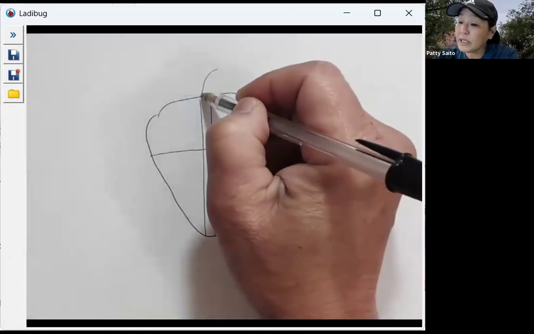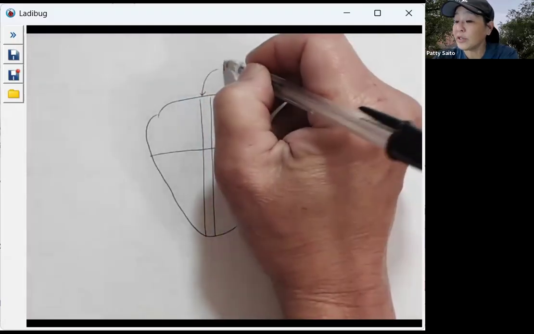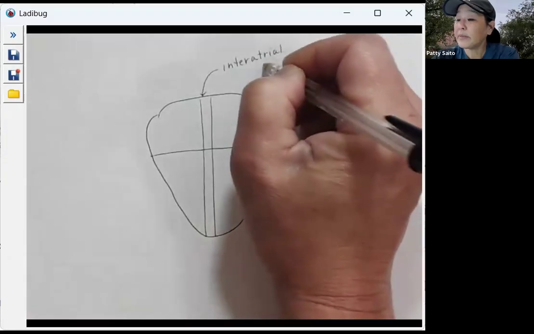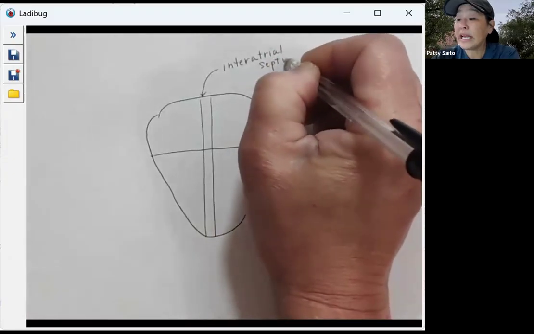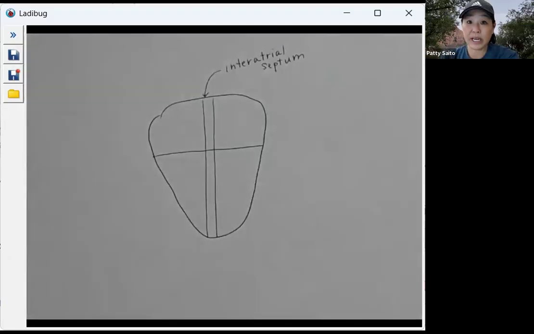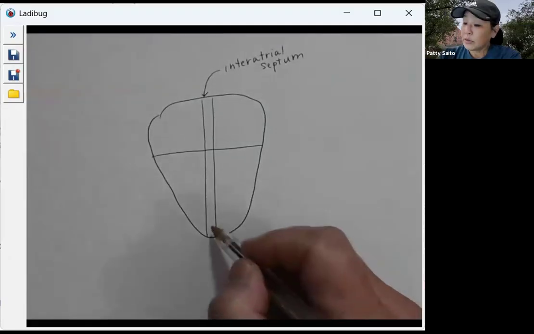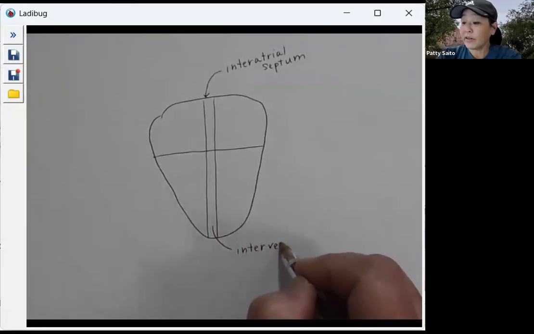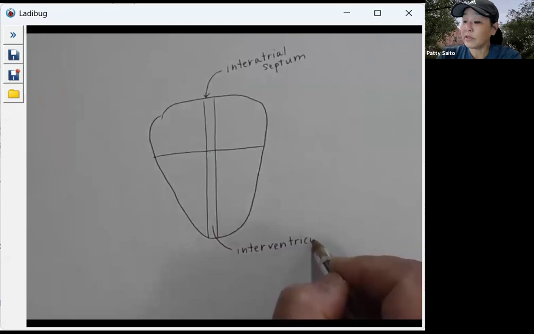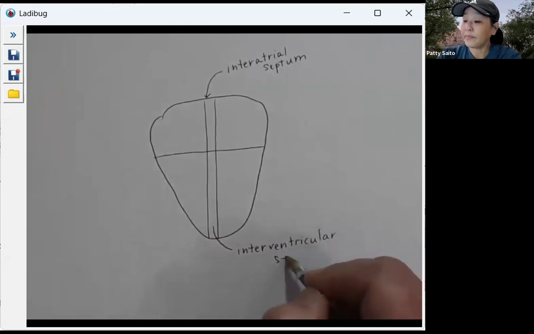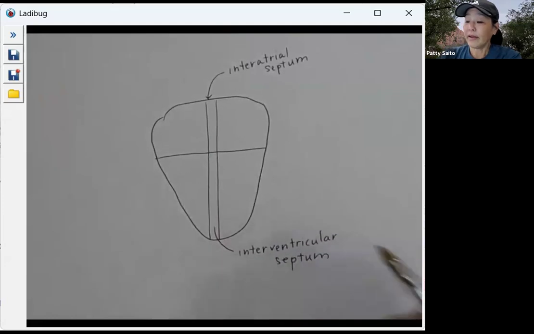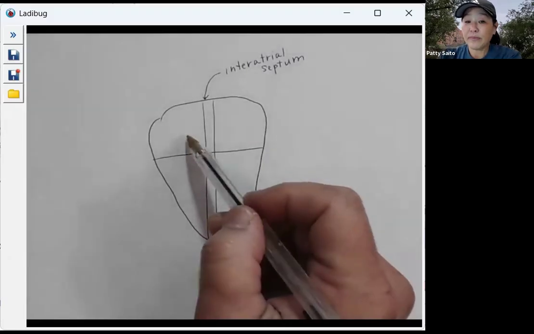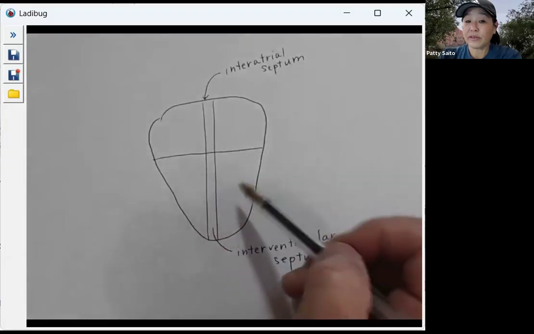So this wall between the atria is called the interatrial septum. Remember, inter means between. This would be the interventricular, between the ventricles, septum. Okay, so now we have our walls here. This is the right atrium, right ventricle, left ventricle.